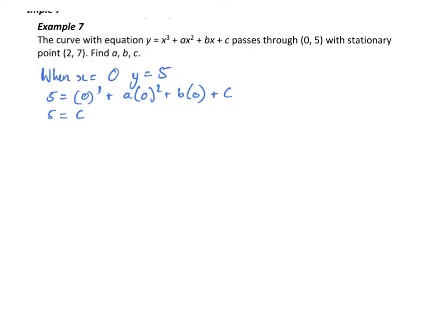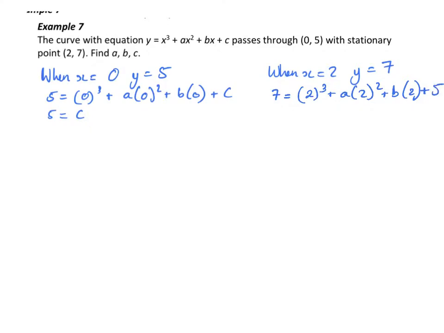So let's use that information in two different ways. Using the point (2, 7), when x is equal to 2, y is equal to 7. So you get 7 equals 2 cubed plus a times 2 squared plus b times 2 plus c, and remember we now know that c is equal to 5.